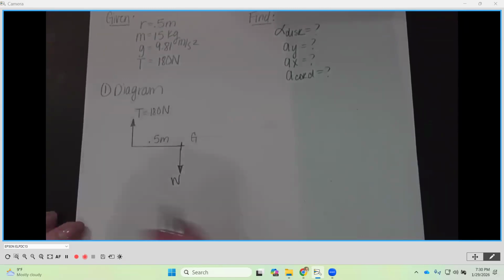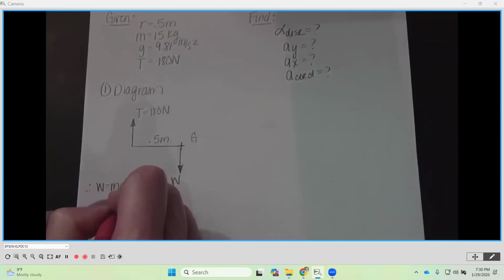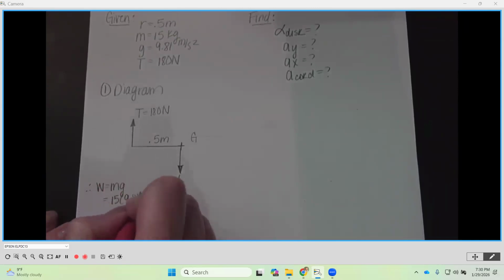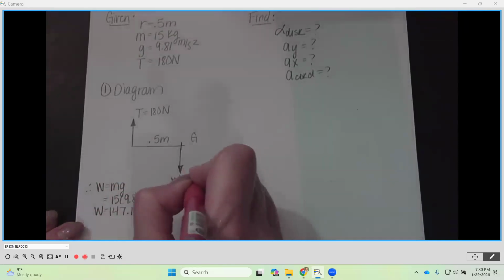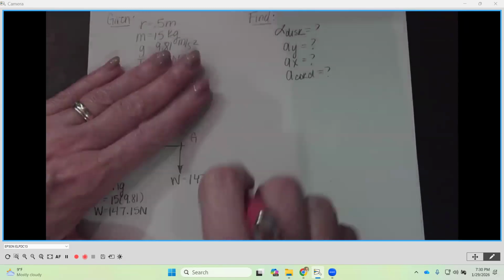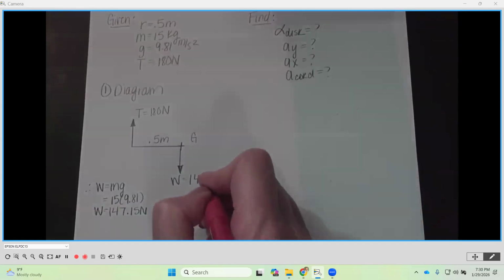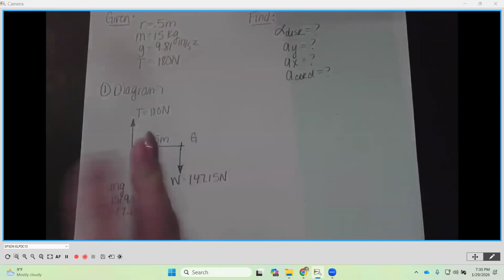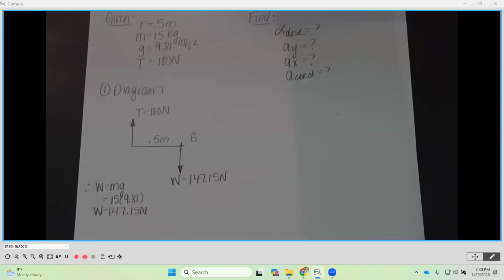I'm going to do a little note on the side here. W is equal to mass times gravity, so that's 15 times 9.81. So our weight is going to be 147.15 newtons. So that's that.